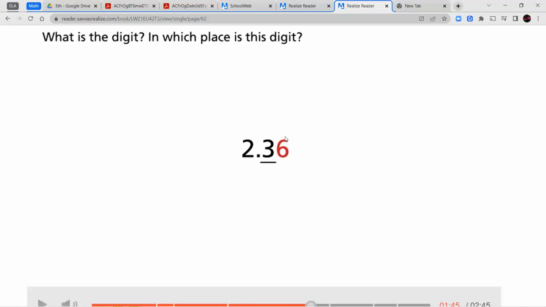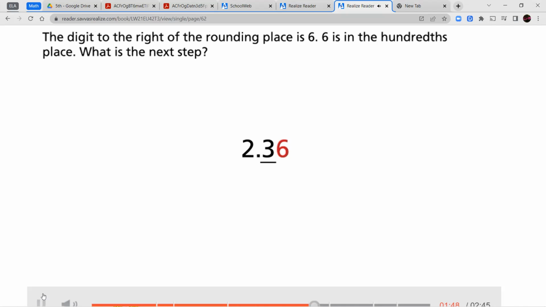And in the hundredths place, we have a 6. Is that 6 going to help us round up, or is it going to keep us where we're at? The digit to the right of the rounding place is 6. 6 is in the hundredths place. What is the next step?